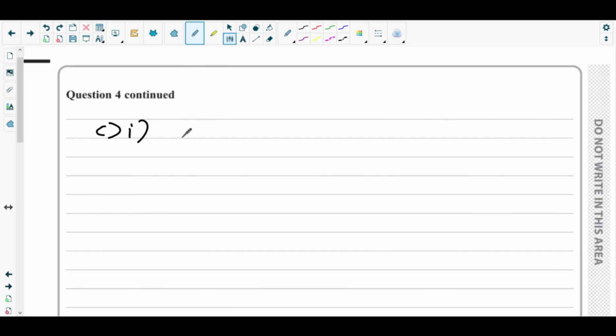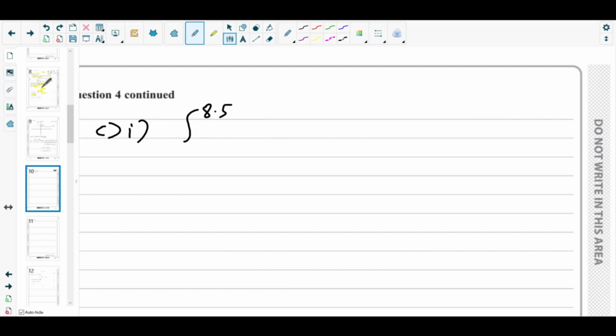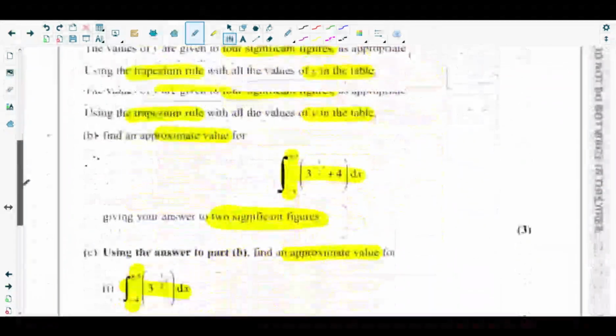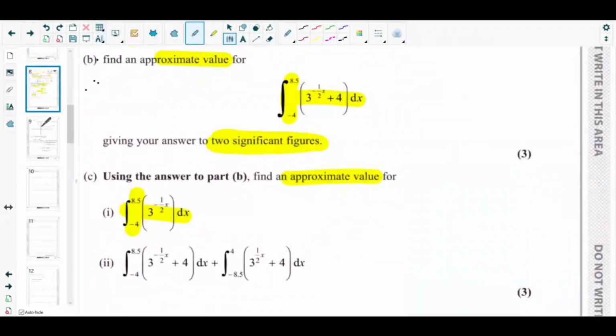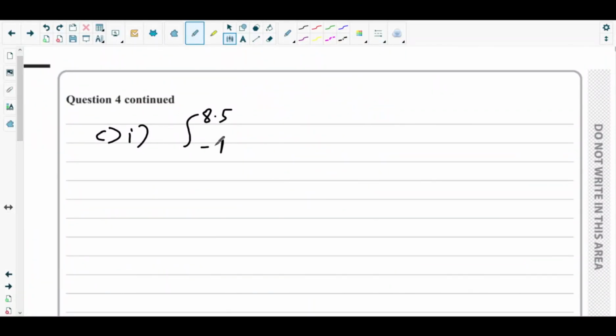For part C1, what can we write? The integration, the upper limit is 8.5, the lower limit is -4, of 3 to the power inverse half of x dx.